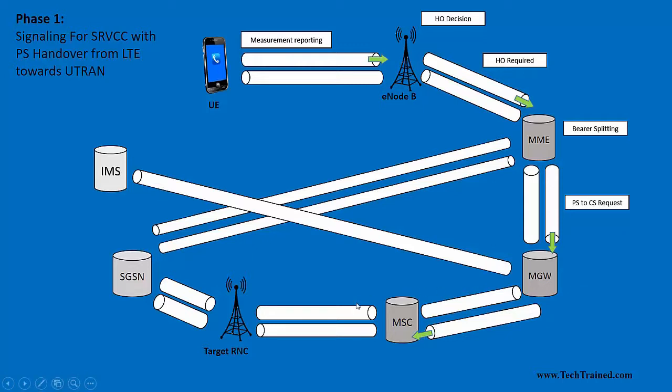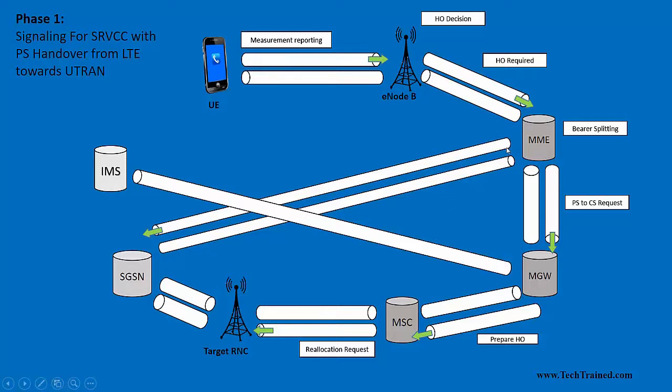Now the target MSC is going to inquire of the target RNC, to find out if the target RNC is ready to take that particular handover request or not. If the target RNC does agree to this relocation request, then it is going to send an acknowledgement. However, before that acknowledgement happens, as you know, our original request consisted of both data and voice portions.